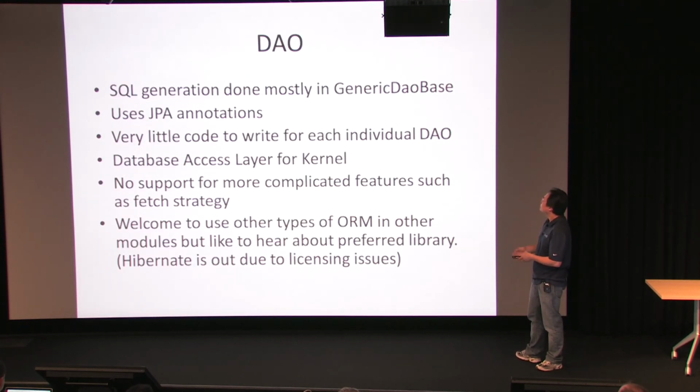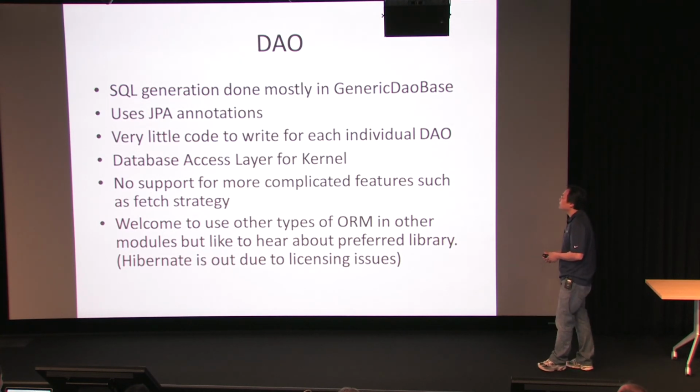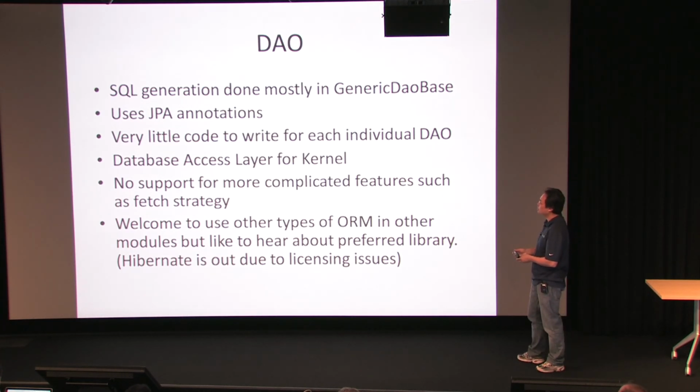And then there are DAOs, and I think there's actually quite a few confusions about our DAOs. We wrote our own ORM, mainly because we don't want too much functionality in our ORM area, because CloudStack actually is an execution engine, and it really needed a lot of direct access to the database.